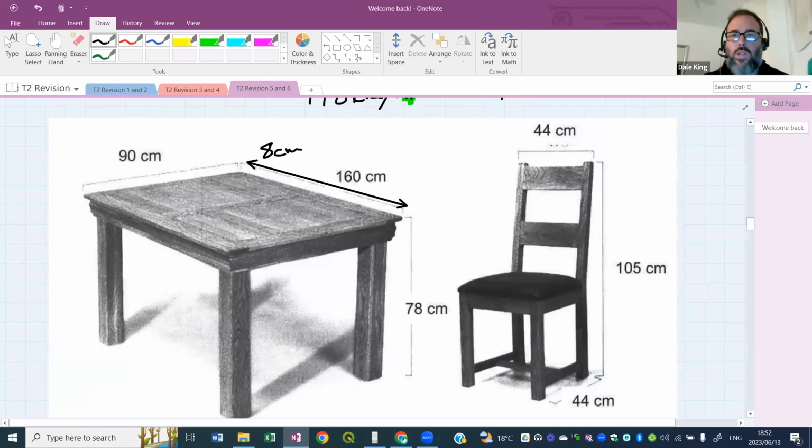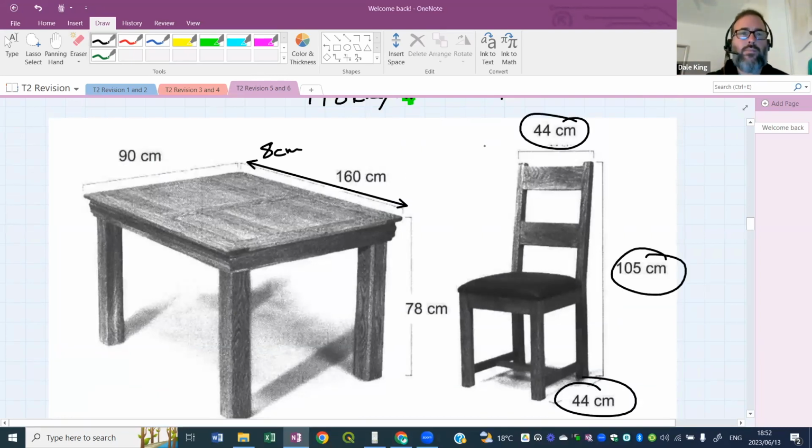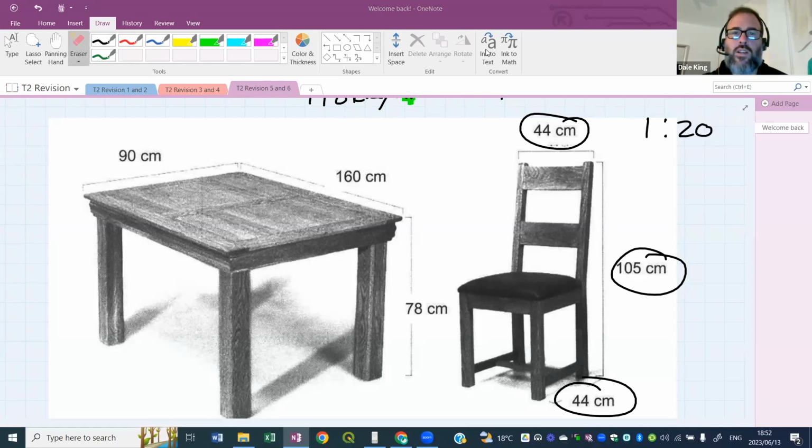So who can tell me what are we going to do to all of these three numbers here? Our scale is 1:20. What are we going to do, ladies and gentlemen? You tell me. All right, Janie's got an idea that she must divide.